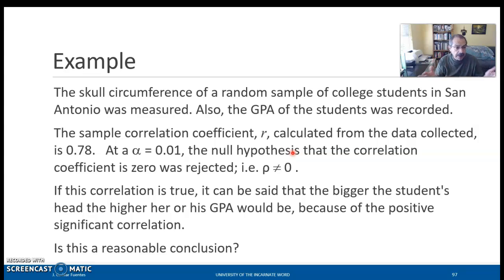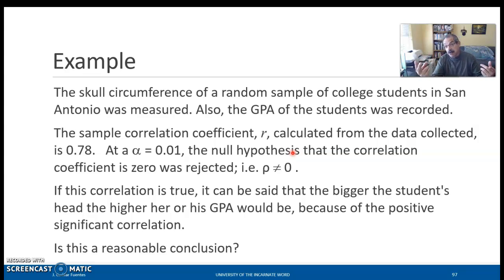For this particular sample, we found that the sample correlation was 0.78, and at a significance level of 0.01, we found that the population correlation coefficient is not 0. In other words, the size of the head and GPA is positively correlated. So this means that the bigger your head, the larger your GPA. I mean, that's what the data is saying, right?